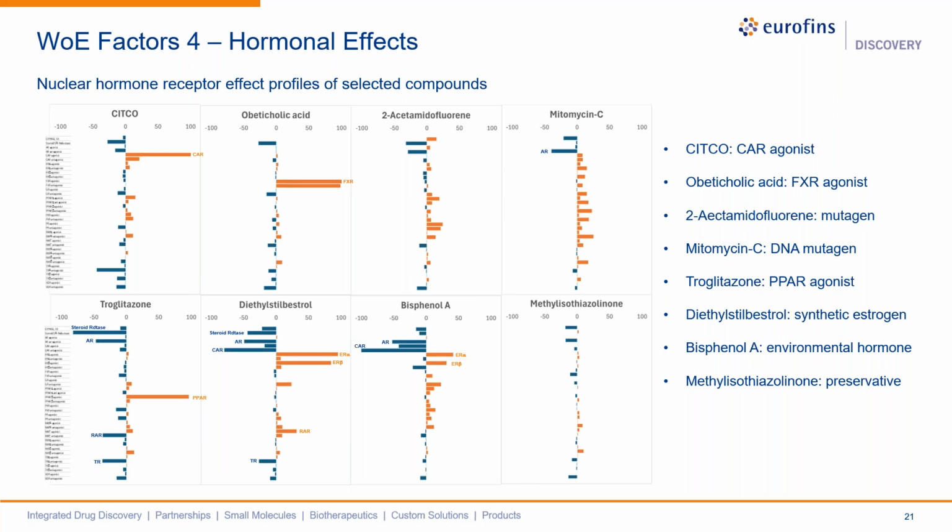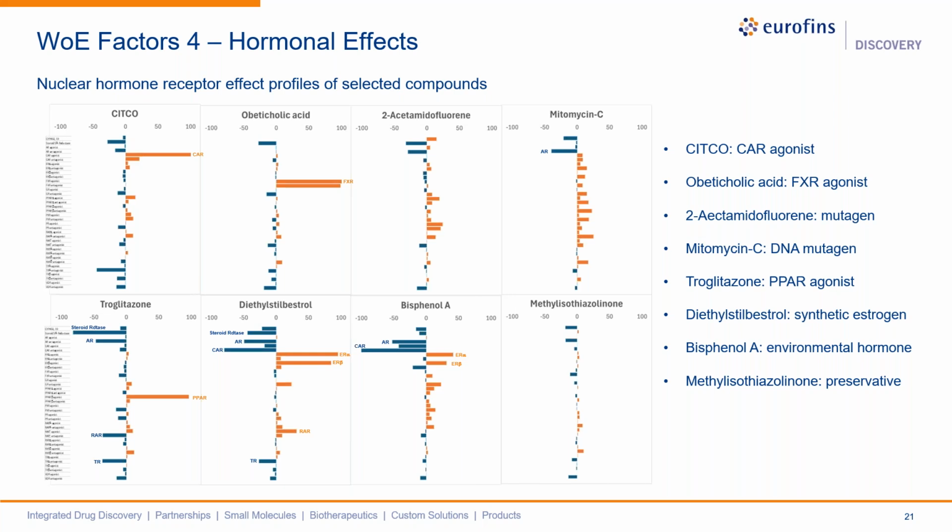It modulates not only PPARs, but also steroid reductase and androgen receptors. And diethylstilbestrol also shows extensive modulation of the estrogen receptor as well as the androgen receptor and the CAR receptor, which explains its potential estrogenic effects and its carcinogenicity potential.